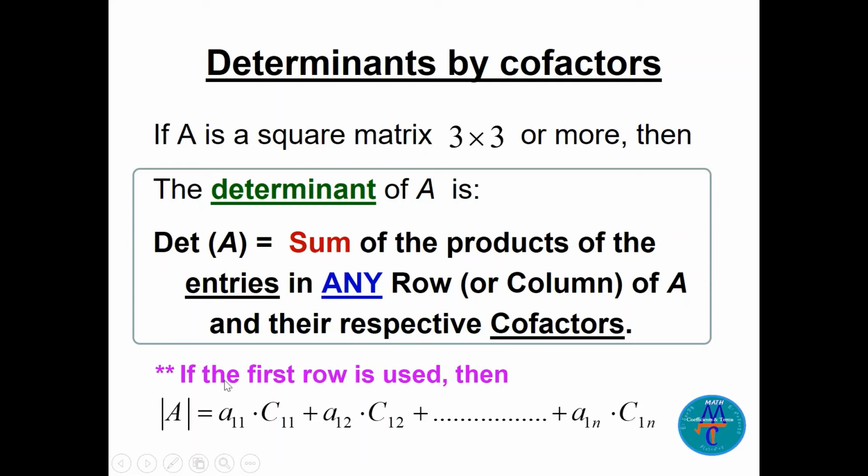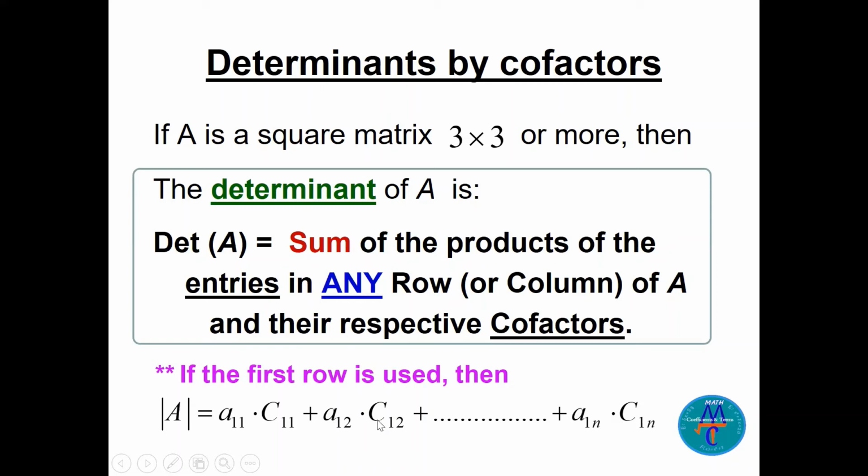So this is an example. If the first row is used, then the determinant of A will be A11 times C11, the entry times its cofactor, plus A12 times capital C12. So the entry, the number, times the cofactor.